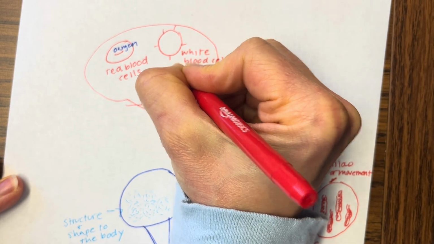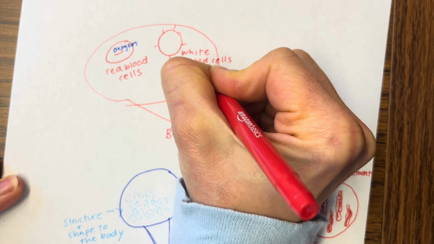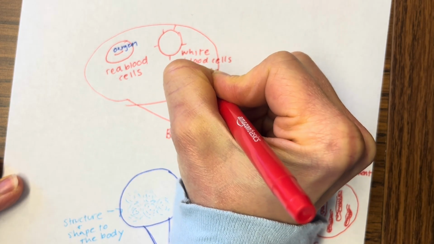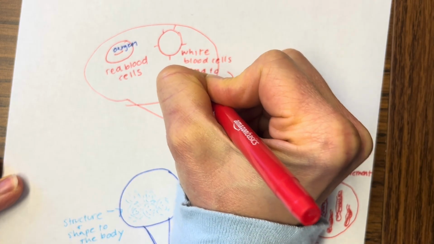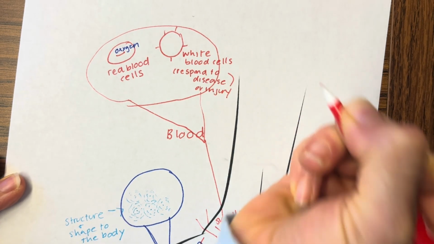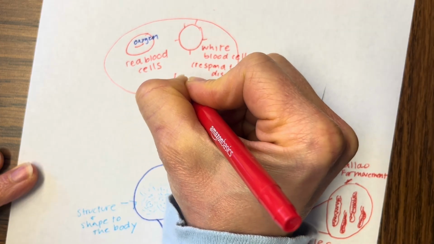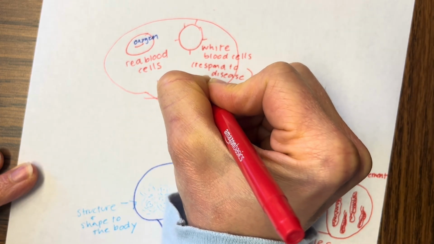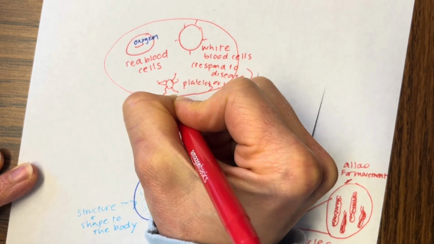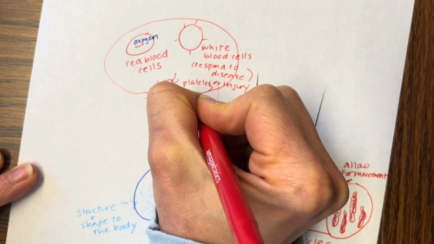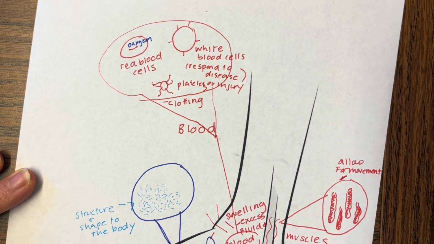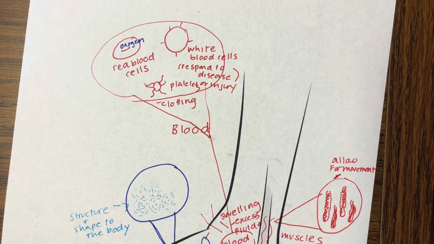They respond to disease or injury. And I would see some platelets. They've got those tentacle-like arms. And when they come together, they allow for clotting. They were probably really important with that blood stopping. So the blood was important too because it helped with healing the injury by bringing nutrients to the area that cells need in order to make more of themselves.